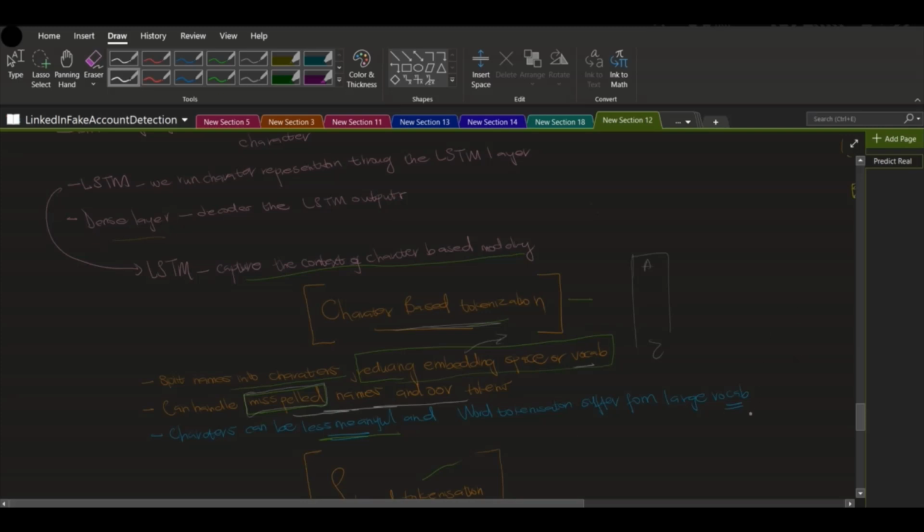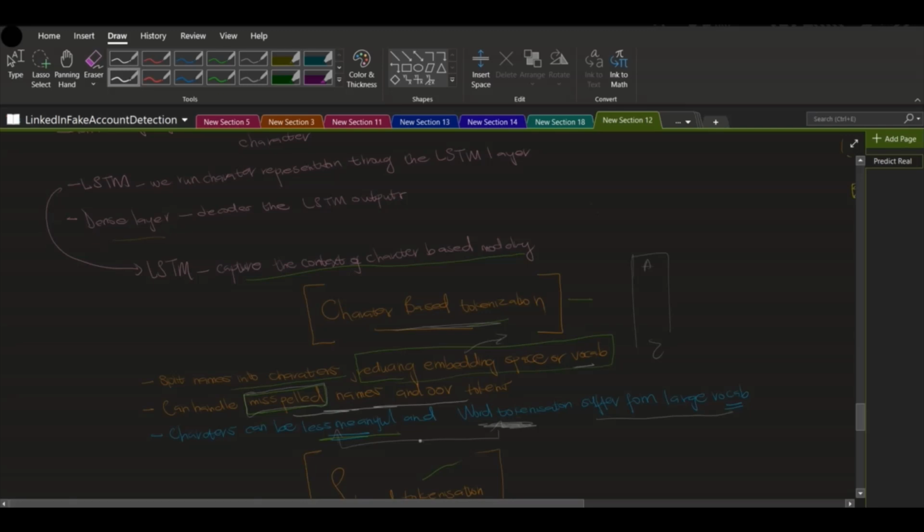And another thing is that word tokenization suffers from a large vocab. So we are caught between the disadvantages of word tokenization and character tokenization.